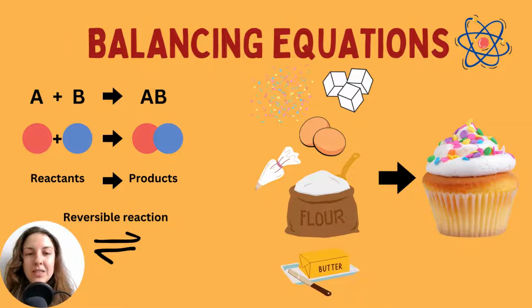But also notice that the cake is made up only of the components on the left-hand side. Nothing new has been added out of nowhere. So that's kind of this idea of conservation of mass. You can't create something out of nothing. That's why we balance equations, to make sure the number of atoms and the types of elements on either side are the same. So let's have a go with an example of balancing equations.